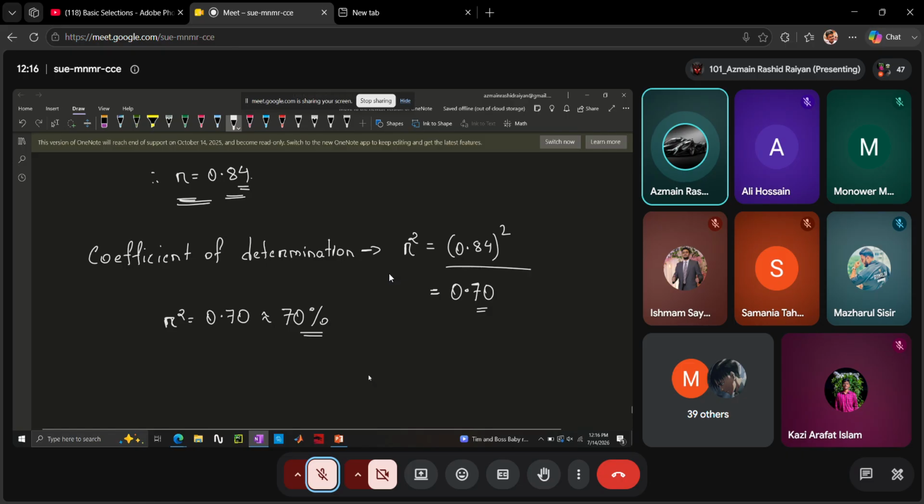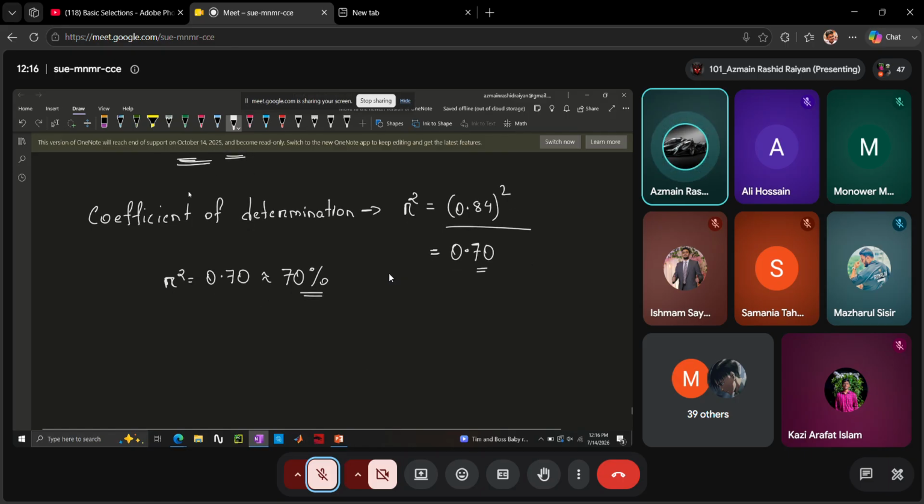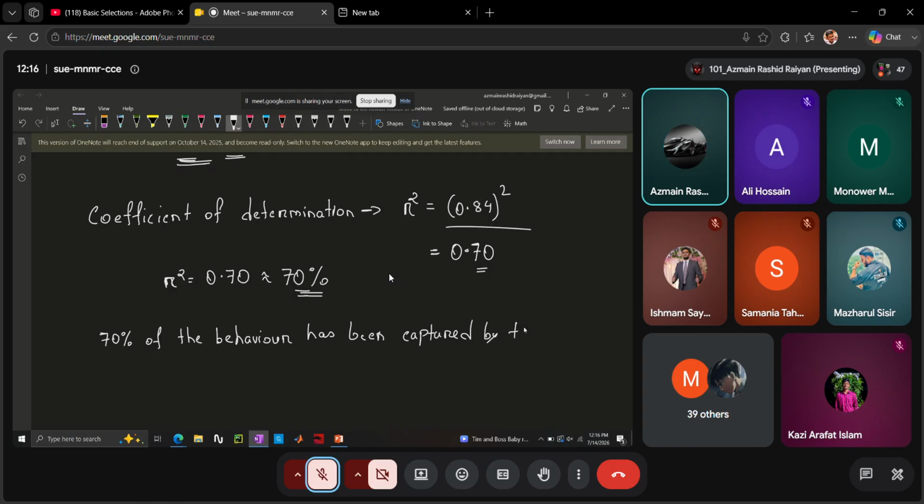The coefficient of determination indicates what portion of the behavior has been captured by the regression model. If our coefficient of determination is 70%, it means 70% of the behavior has been captured by the linear regression model.